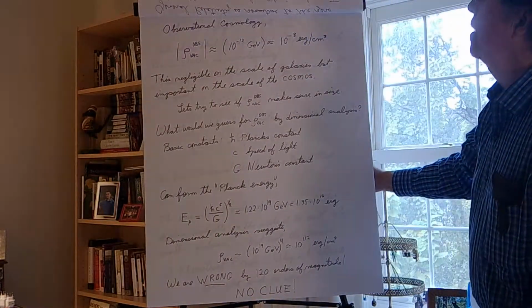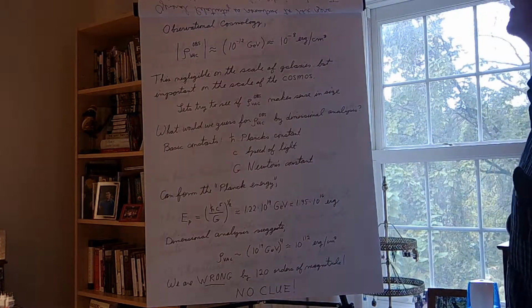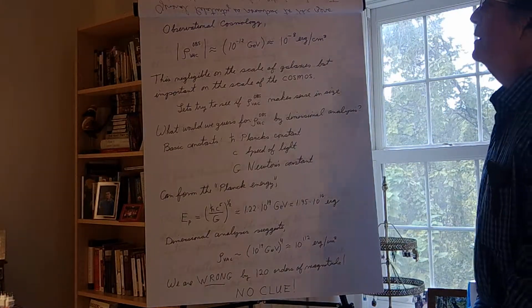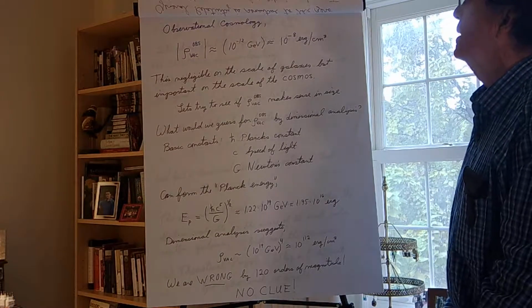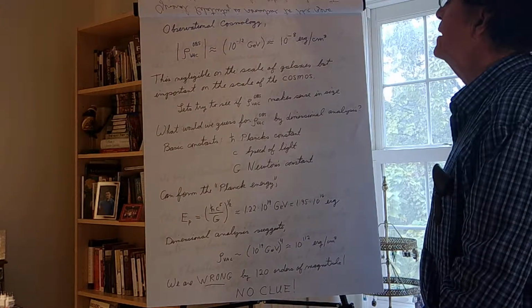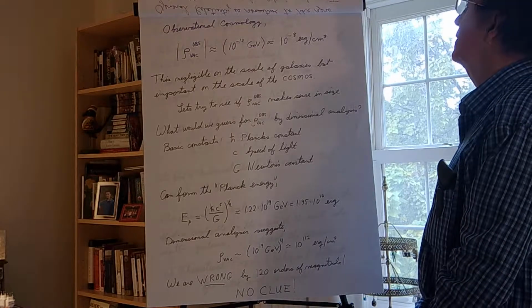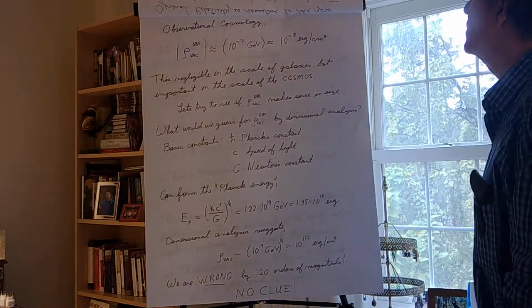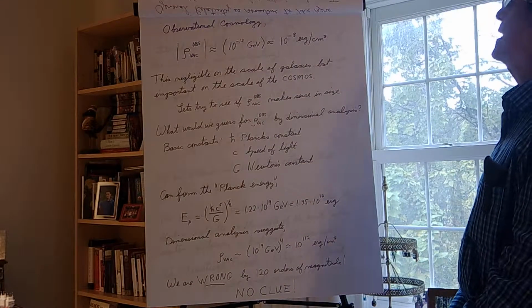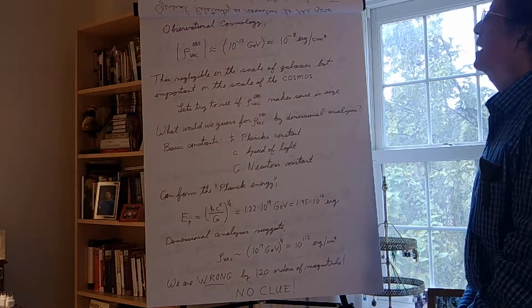From observational cosmology, however, comes an estimate for the vacuum energy density. It's on the order of 10 to the minus 12 GeV, which in terms of CGS units is 10 to the minus 8 ergs per centimeter cubed.